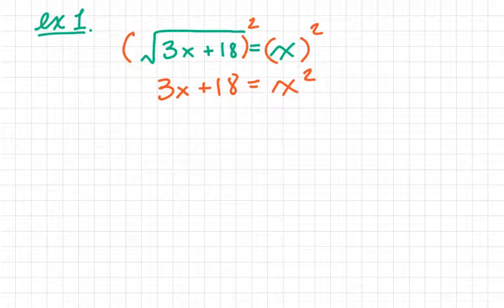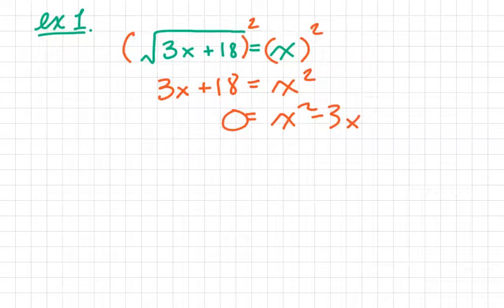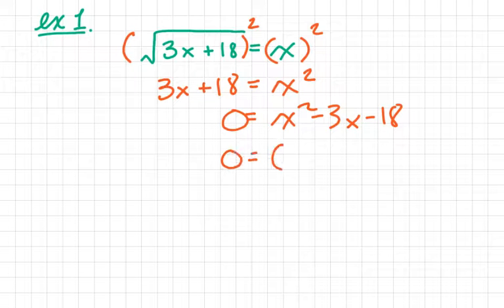By squaring it, it's now going to give us two solutions, because this is a quadratic now. If we want to solve, we can push everything to the right side, and we'll get x squared minus 3x minus 18. We just have to factor this.